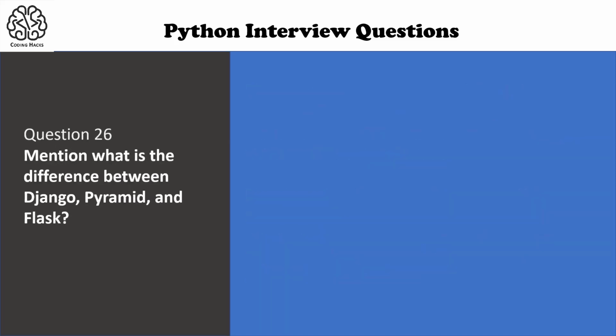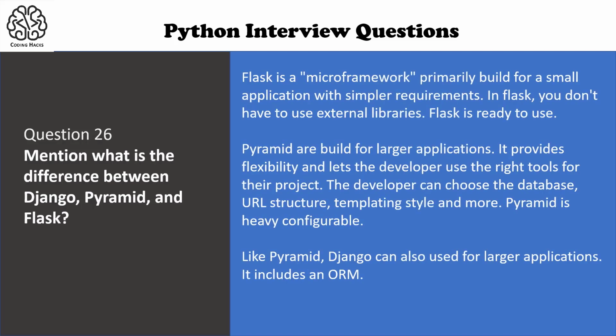Question number 26 is, mention what is the difference between Django, Pyramid and Flask. As we studied, Flask is a micro framework primarily built for a small application. In Flask, you don't have to use any external libraries. These are ready to use.